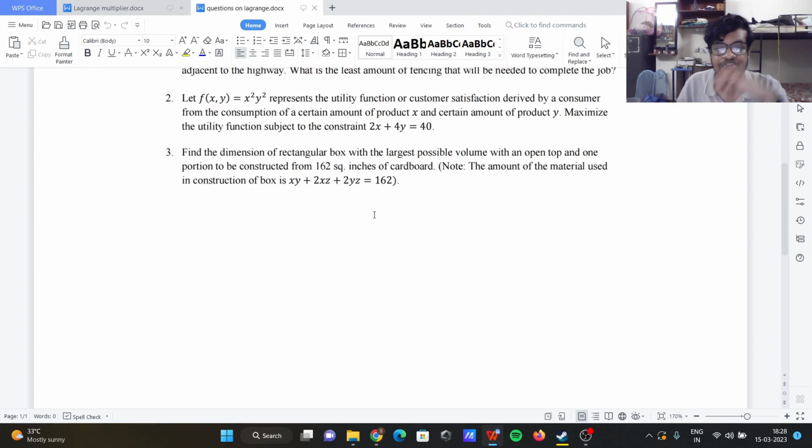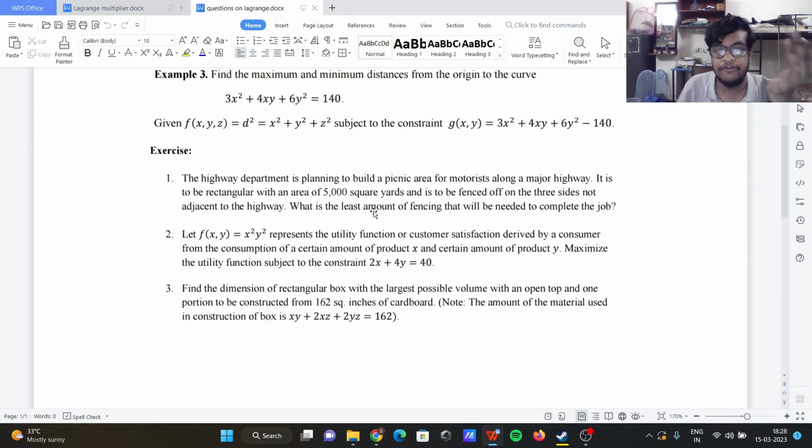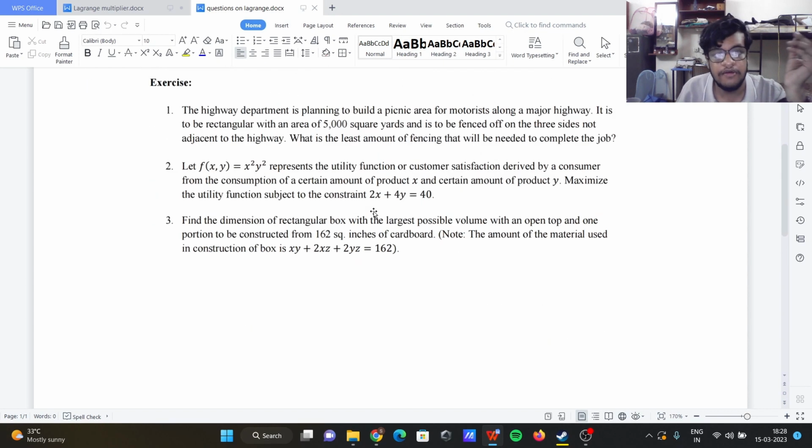Now let's assume that the box is cubical with length x, breadth y, height z, and that it is open on top, and it is to be constructed with 162 square inches of cardboard. We know that the closed surface area of a rectangular box is 2xy plus 2yz plus 2zx. Since it is open at the top, remove any one term, so that will give us our constraint.